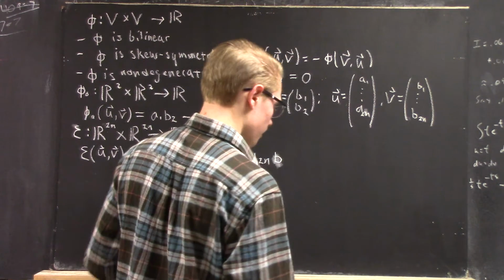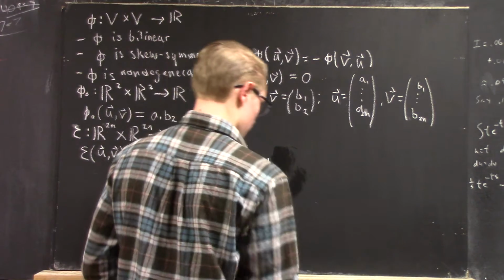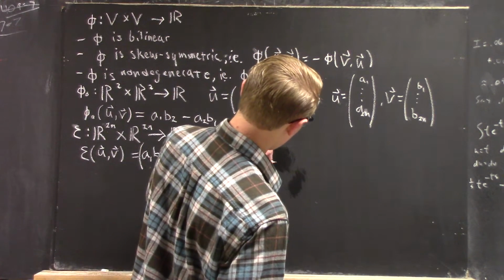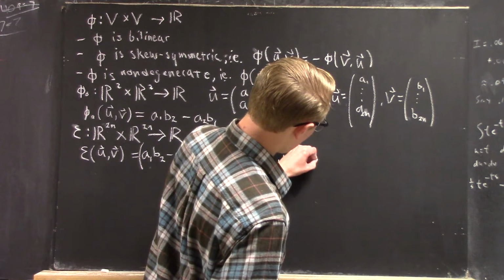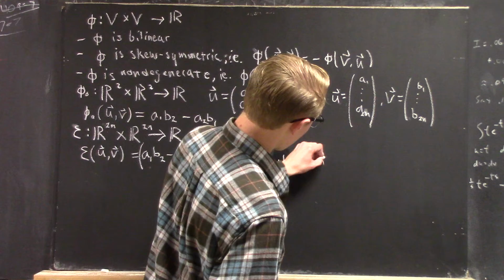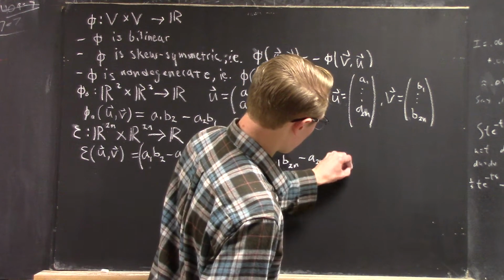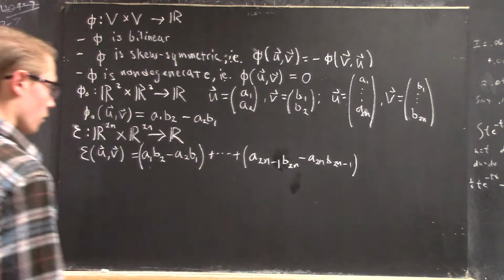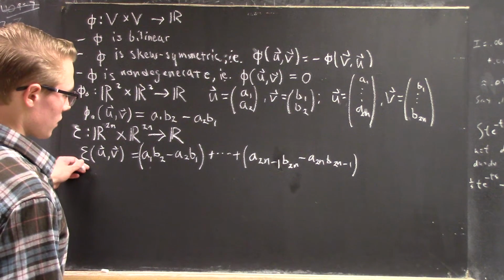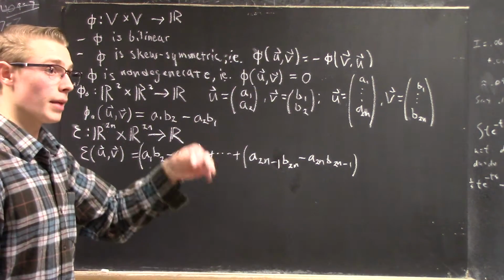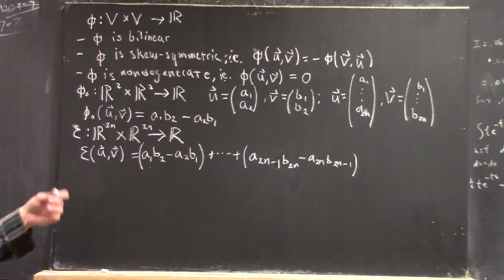The reason it should be 2n minus 1 is for such pairing, and we'll write that out in a minute to demonstrate. And this is, of course, the determinant for any matrix of dimension 2n by 2n.